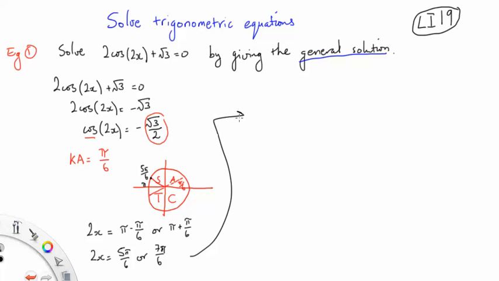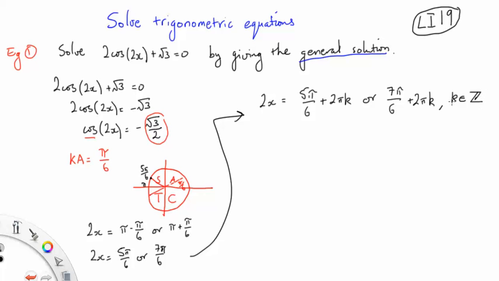So let's write this up here. So we have 2x equals 5 pi on 6 plus 2 pi k, where k is going to be an integer, a positive or negative whole number. So we're going around, round, round, round, or 7 pi on 6 plus 2 pi k. We have to be fancy here. We have to say where k is an element of the integers.